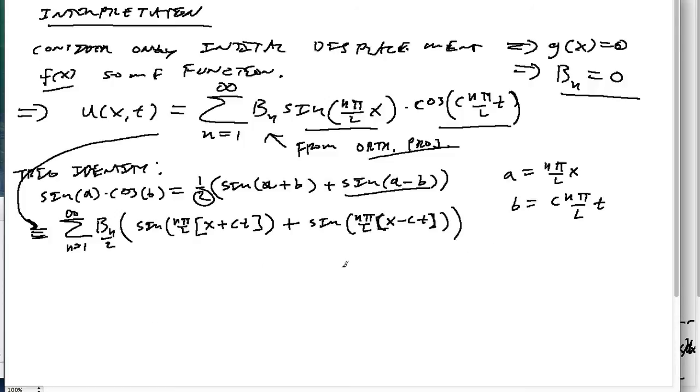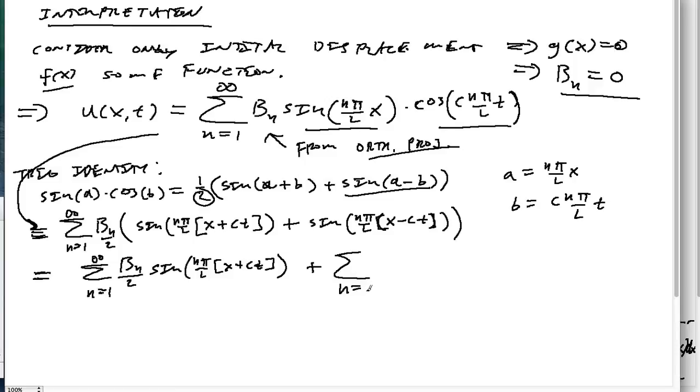Okay, so I'm going to break this up into two pieces. We're going to have a sum, n equals 1 to infinity, of bn over 2 times sine n pi over L quantity x plus ct, plus another sum, n equals 1 to infinity of bn over 2 sine n pi over L quantity x minus ct.